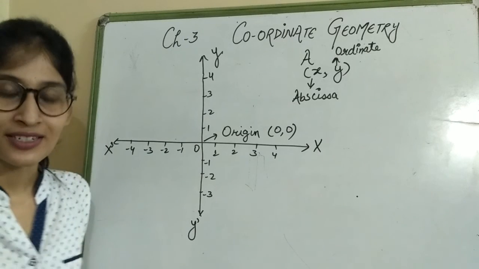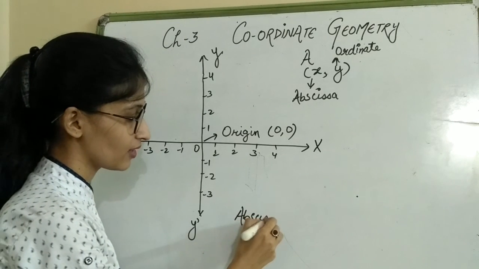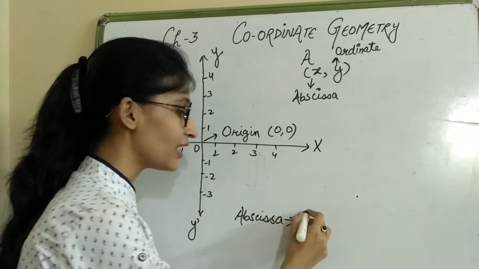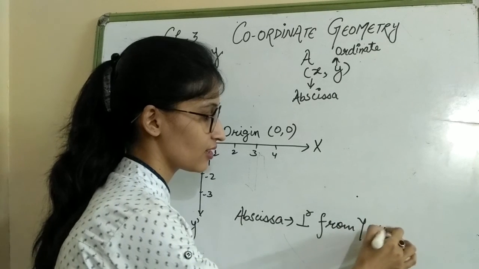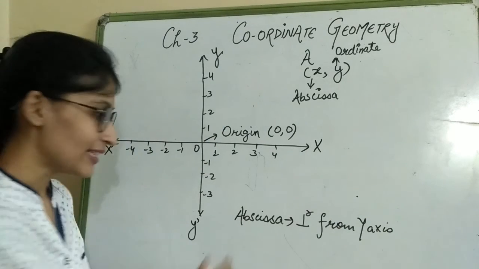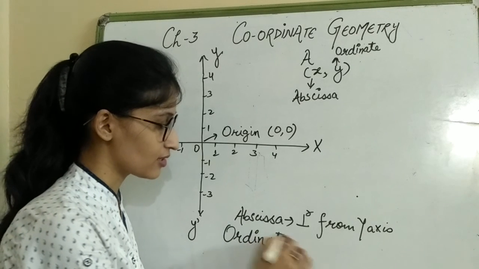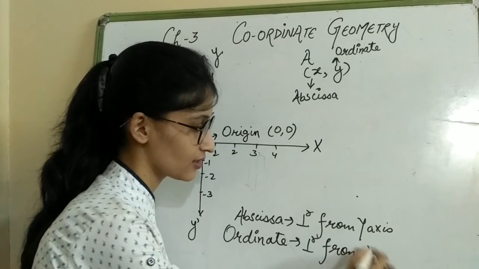Now what do you understand by the term abscissa and ordinate? Abscissa is basically the perpendicular distance of any point from y-axis, and the term ordinate is used to denote the perpendicular distance of any point from x-axis.